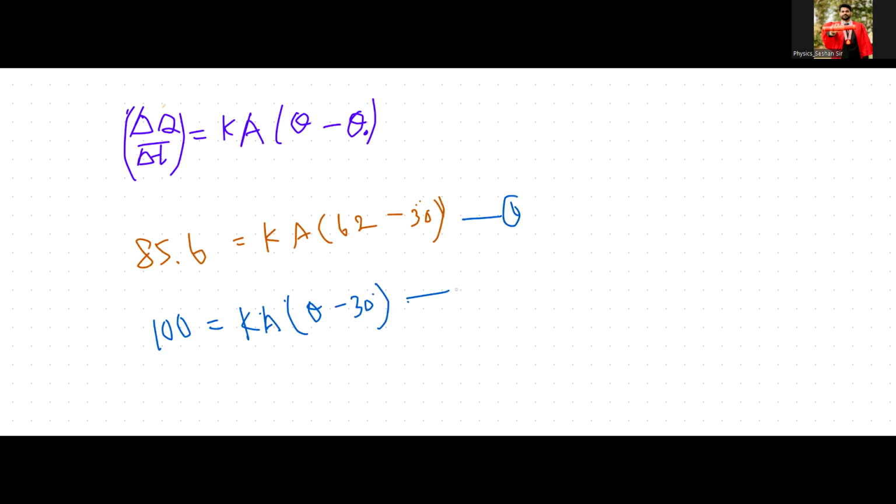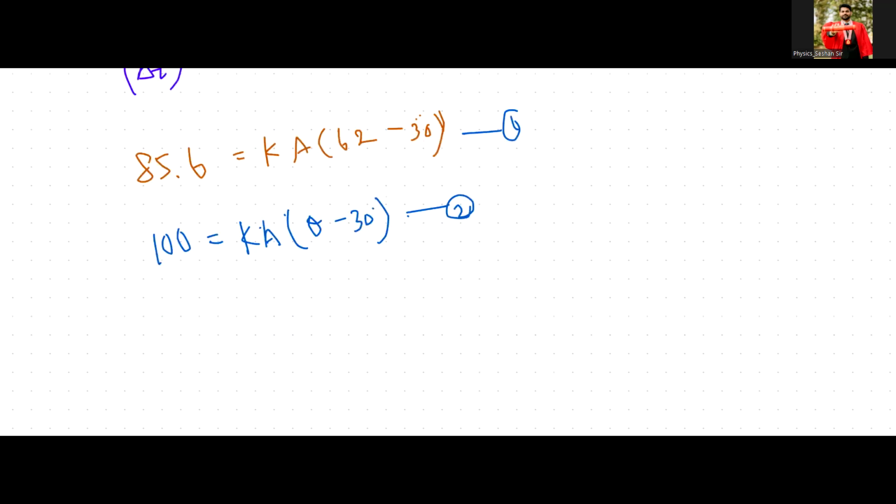So what we have to do is divide these two, then we can get the answer. The temperature theta is what we want to find. So second equation divided by first equation: 100 over 85.6 should be equal to, in the numerator, theta minus 30, and in the denominator, Ka gets cancelled out, so here we have theta minus 30 and here 62 minus 30.